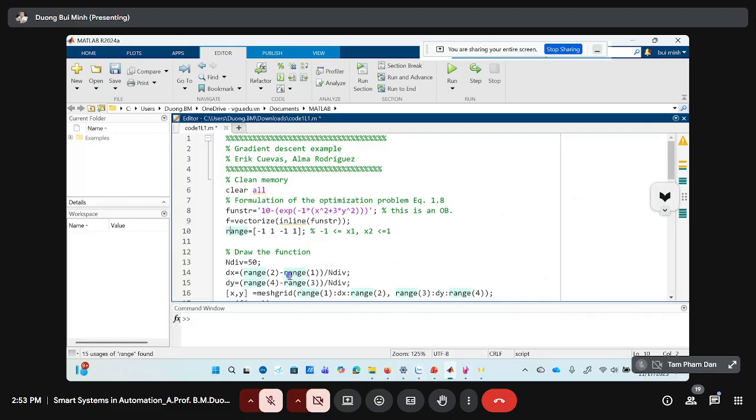Range is a vector, so you get range 1, the first element, the second element, the third element, and the last element.